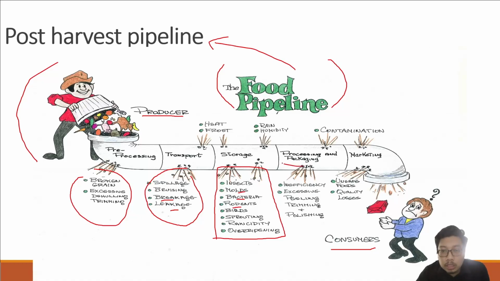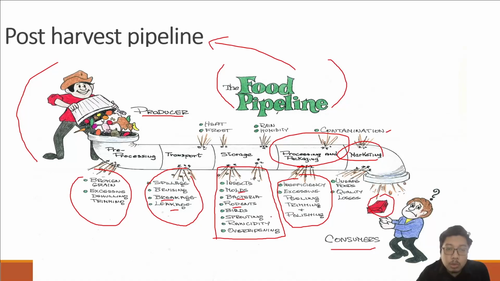During processing and packaging there is also leakage. And then during marketing, we have contamination. Even at the end of the pipe, we have leakage due to contamination, unsafe food, and quantity loss. So the final product is only a little bit.